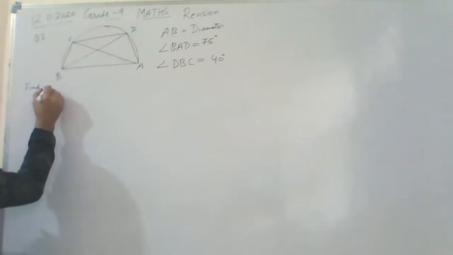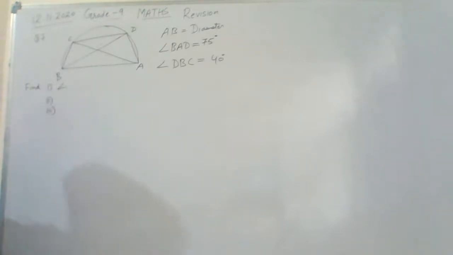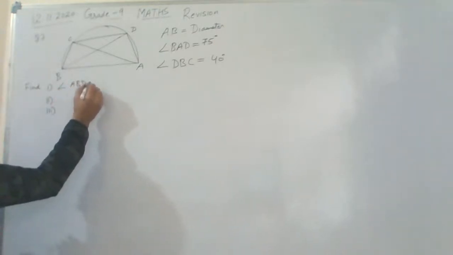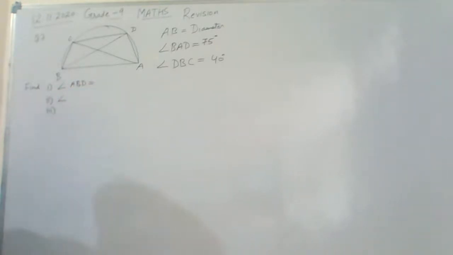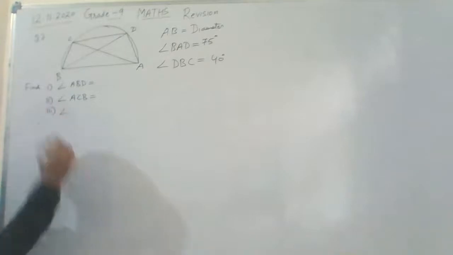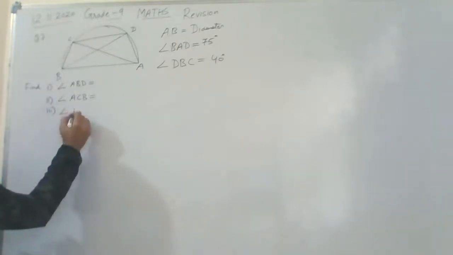Find what are the three angles. One is angle ABD. Second is angle ACB. And third is the angle BDC.